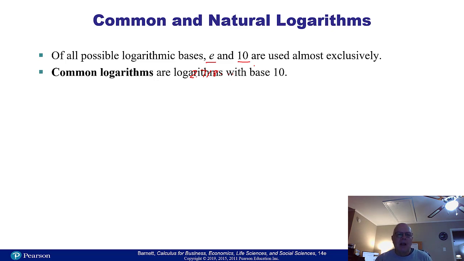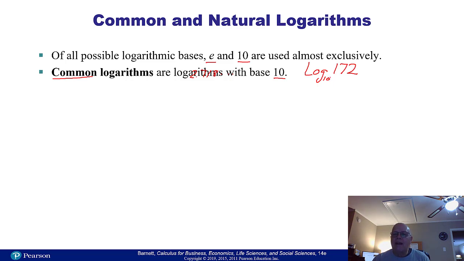Common logarithms have base 10. As a matter of fact, if you see something like this, if it doesn't show a base, it's automatically 10. That makes it a common logarithm.